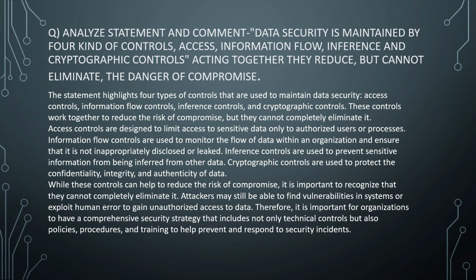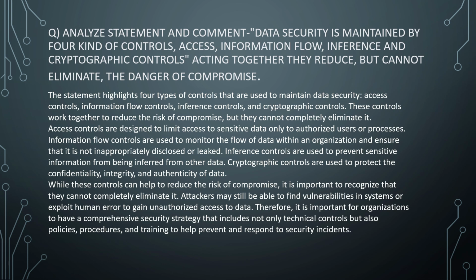Cryptographic controls are used to protect the confidentiality, integrity, and authenticity of data. While these controls can help to reduce the risk of compromise, it is important to recognize that they cannot completely eliminate it.